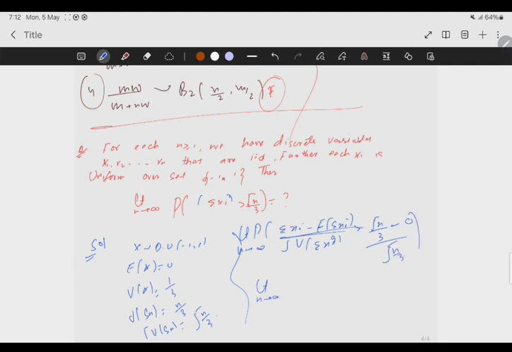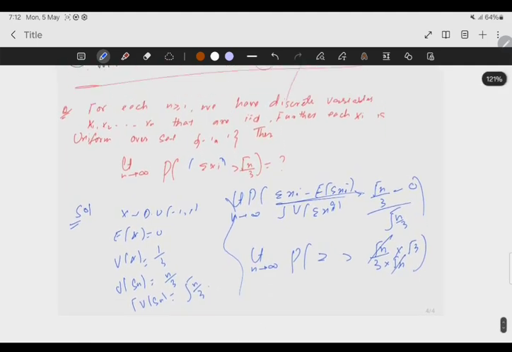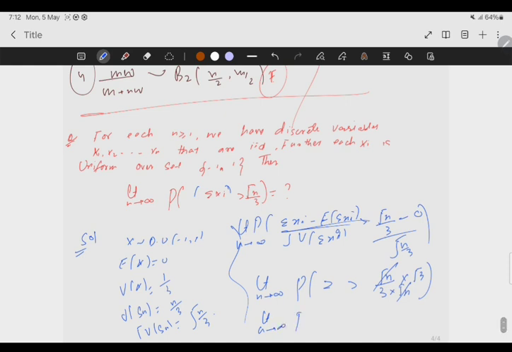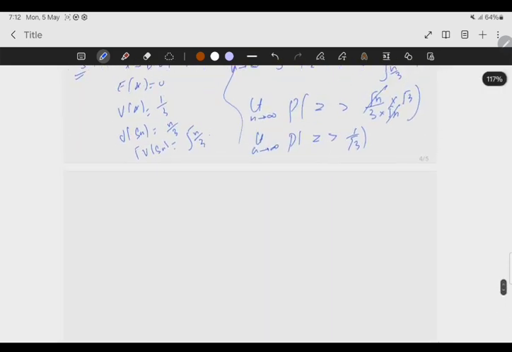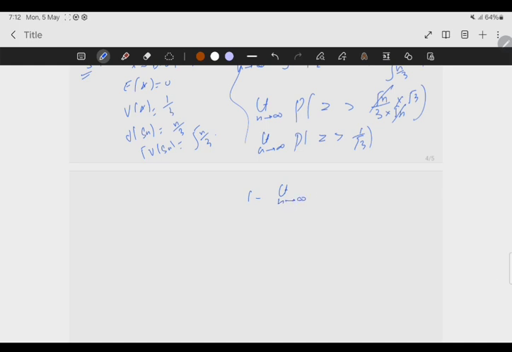So this is limit n tending to infinity probability z is greater than under root n divided by 3 into under root 3 by under root n. So this cancels out. So this is probability z is greater than 1 divided by under root 3, which is nothing but 1 minus probability z is less than 1 upon under root 3. So this is 1 minus phi of 1 upon under root 3. This is the correct option.